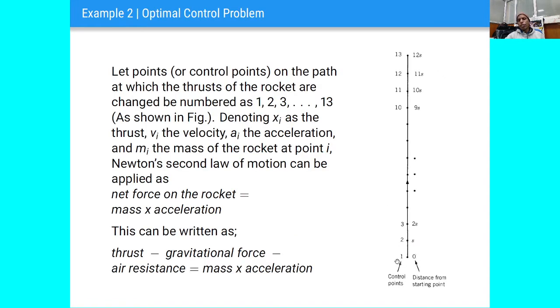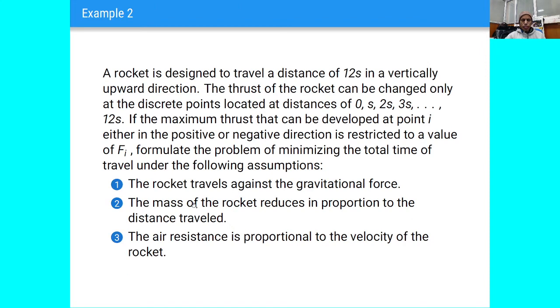Let us see this figure. Suppose the mass at control point 1 is M1. Here is M2 at control point 2. Here is M3. And at control point 10 it is M10, M11, M12, M13. And in your problem, what is the second condition?